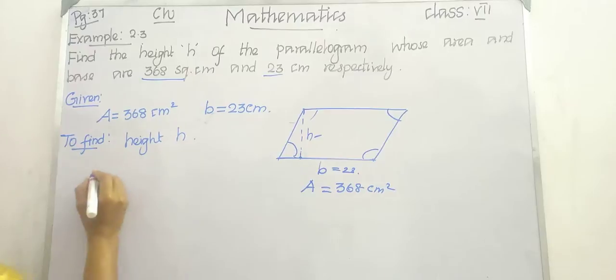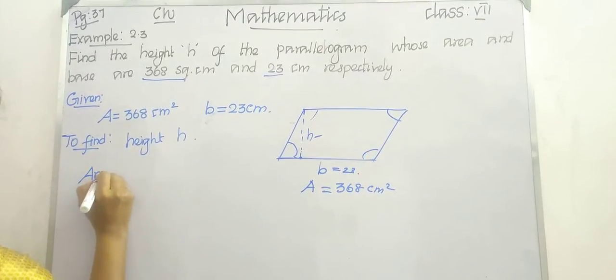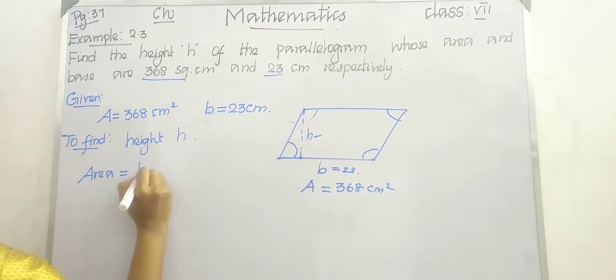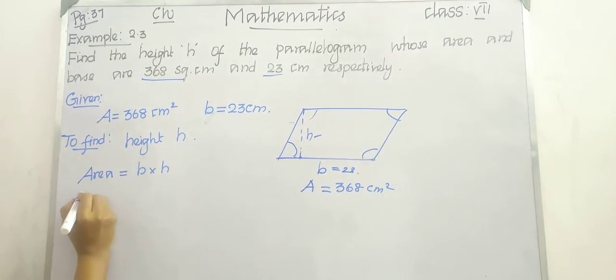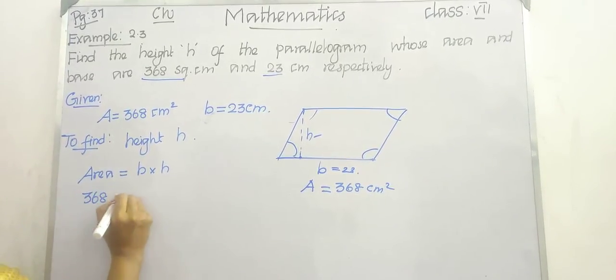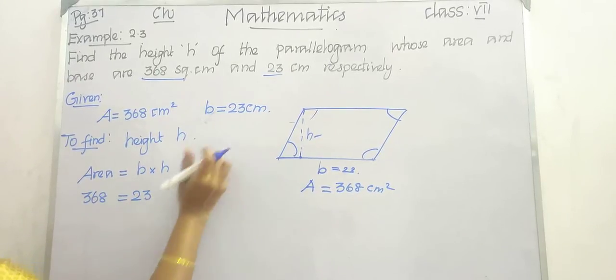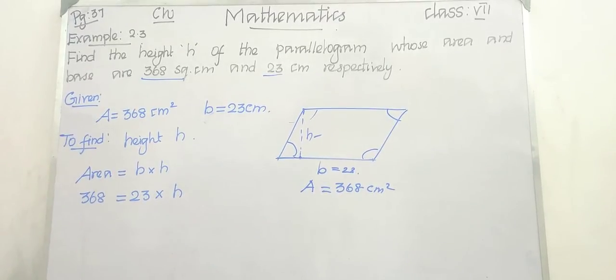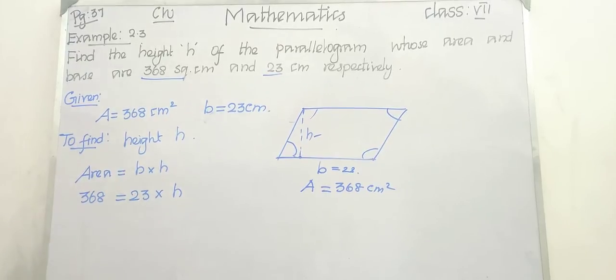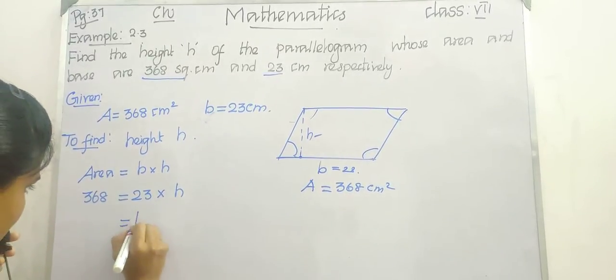So area of a parallelogram equals B into H. So what is area? 368 equal to, what is B? B is 23 and we don't know the height. Just keep the h on one side and all the constants on the other side.